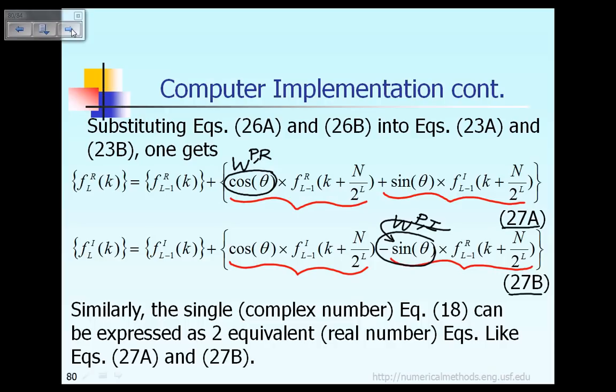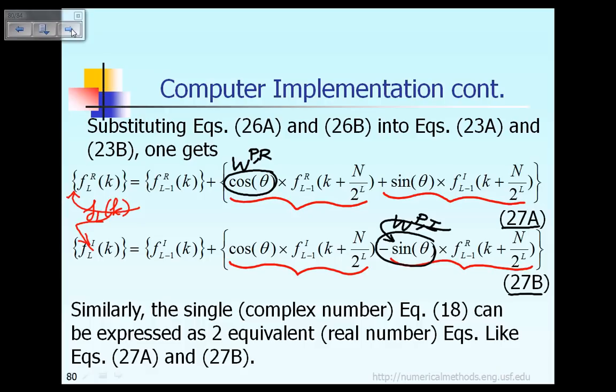Those two equations will help you compute the so-called F at the vector L level for the index k. So instead of computing FLK, which is a complex number, we can compute the real component of that and the other component of that here. That way we don't have to deal with the complex number.